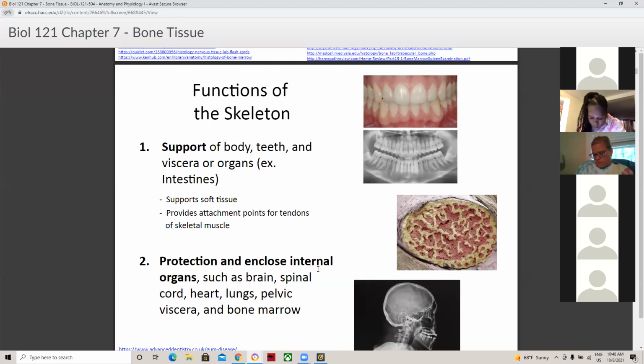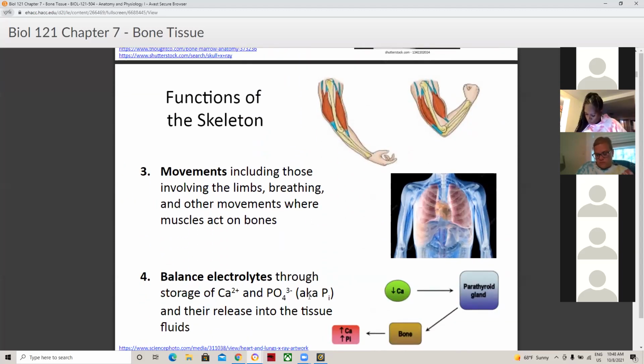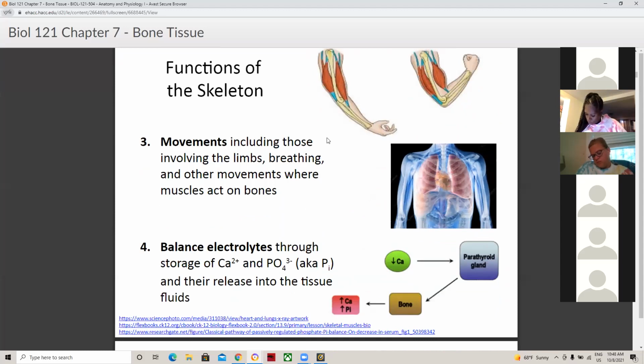It protects and encloses internal organs such as the brain, the spinal cord, the heart, the lungs, the pelvic viscera, the bone marrow. It's involved in movements, including those involving the limbs, breathing, and other movements where muscles act on the bones.